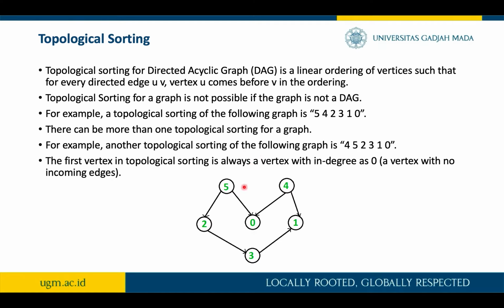This is an example of topological sorting for this graph. So we can start from 5, and then 4, and then 2, and then 3, 1, and 0.